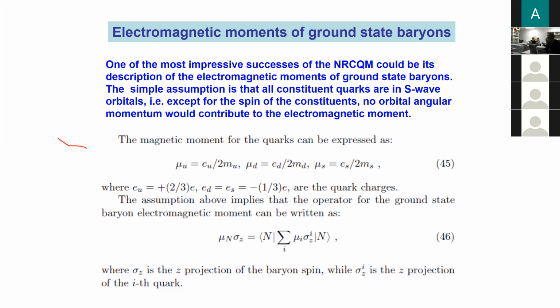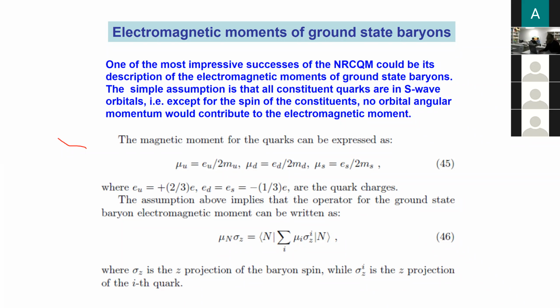Therefore, it tells us that the nucleon must have a magnetic moment. This is, of course, turns out to be a very important prediction or sort of a success of a quark model. Just imagine that we have a neutron which is charge neutral. If neutron is an elementary particle, it is not supposed to have a magnetic moment at all. However, we observe that the neutron has a magnetic moment, which of course is an anomalous magnetic moment.